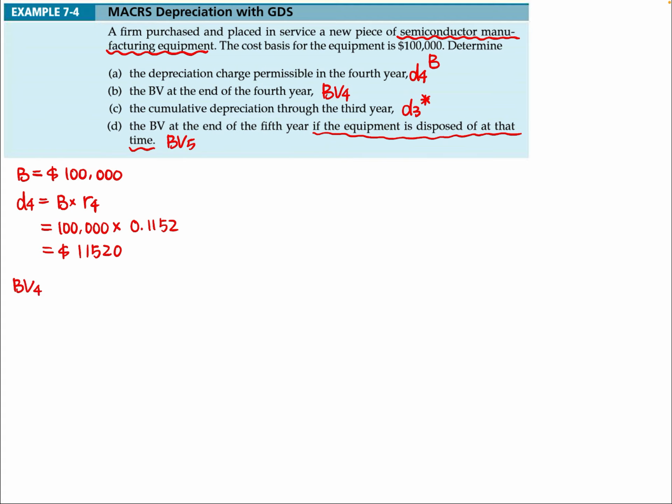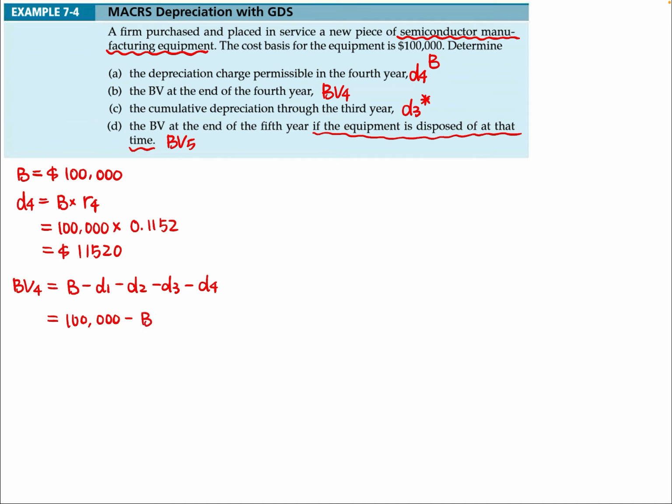And then what is BV4? BV4 is B minus D1 minus D2 minus D3 minus D4, right? The cost basis minus the depreciation deduction for every year until the fourth year. So B is 100,000.